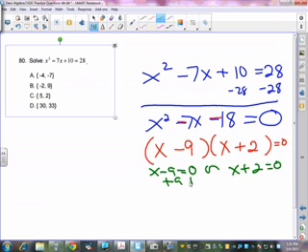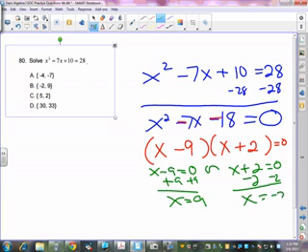If we add 9 to both sides, we get x equal to 9. You could actually visually inspect that and realize that if x was positive 9, that would be 0. Here you subtract 2 from both sides, and you get x equal negative 2. So our answers are 9 and negative 2. Once again, you can visually inspect that and see if x was negative 2 here, that would also make it equal to 0.